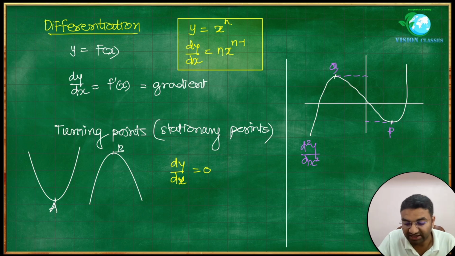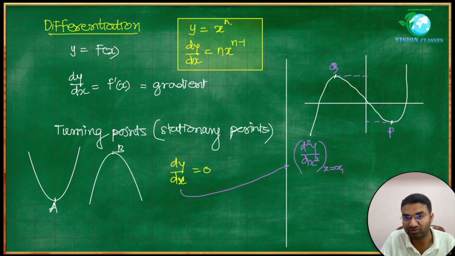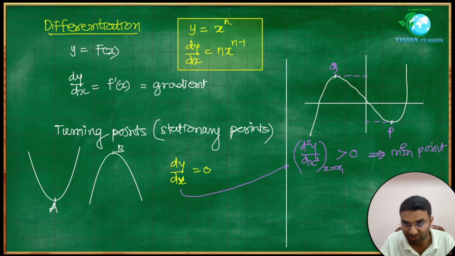We can calculate d2y by dx square, which means differentiating again after dy by dx. Here, when we put in x is equal to, let's say, x1 and we get a value greater than 0, then it's a minimum point. Greater than 0 means minimum point.